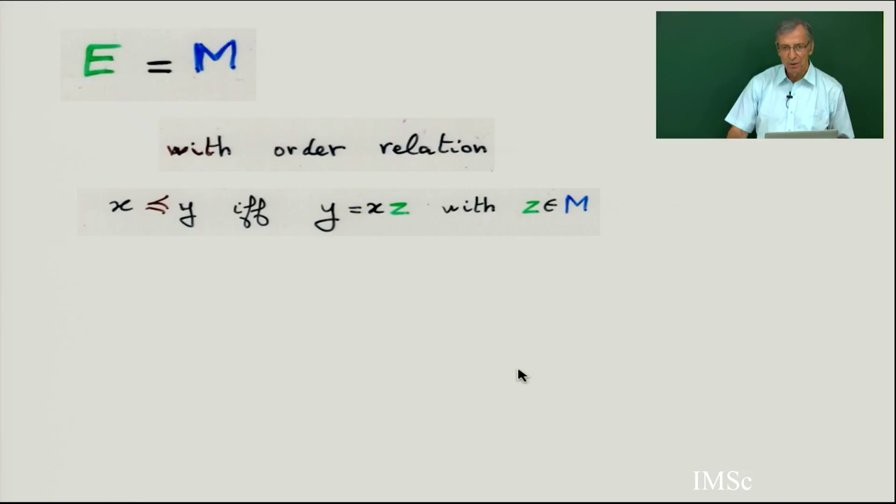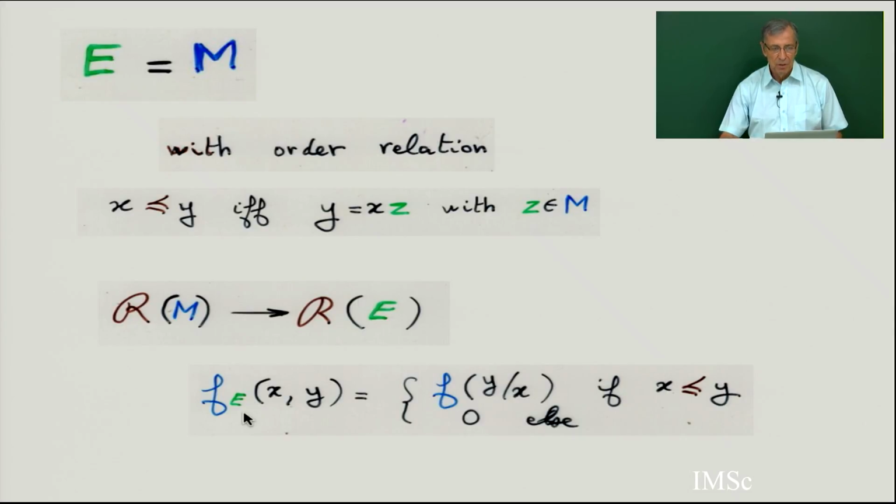So here the construction is very simple. The order relation is x is less than y if and only if x is a left divisor of y. And then the map would send any f of the incidence algebra of the monoid to F of x and y equal f of x over y. It's a map sending the incidence algebra of the monoid onto the incidence algebra of the poset, and this map is an isomorphism.